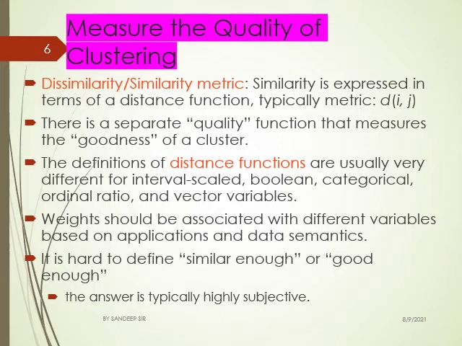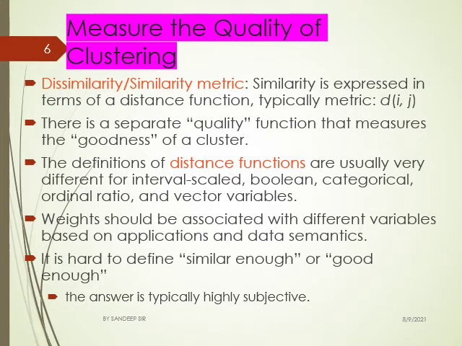The definitions of distance functions are usually based on different things, like it can be based on interval scale or Boolean scale or categorical scale, or it can be in the form of ordinal, ratio and vector variables. Weights should be associated with different variables. Again, it is based on the application that different elements are there in a given function. Like in a given function y, we have three elements a, b, c.